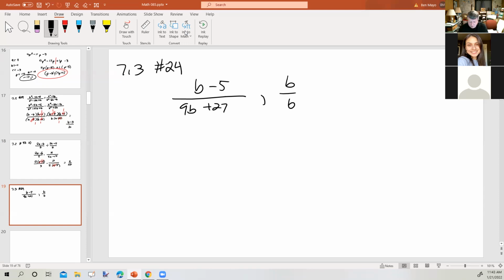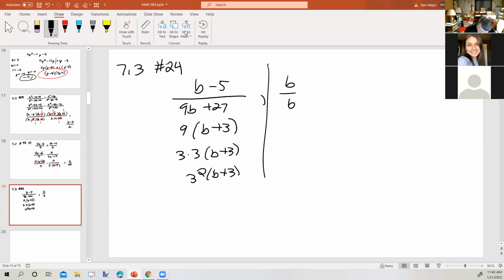All right, so we're not adding or subtracting or changing one into the other. We're just finding the least common denominator. 9b plus 27 could be rewritten as 9 times b plus 3, which could be written as 3 times 3 times b plus 3, or 3 squared times b plus 3. So that's the prime factorization of that first fraction.